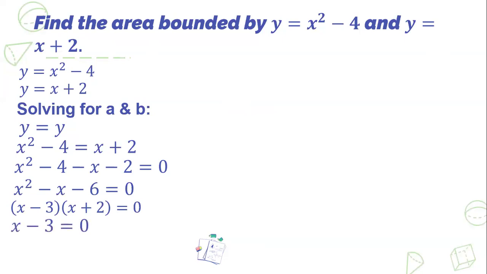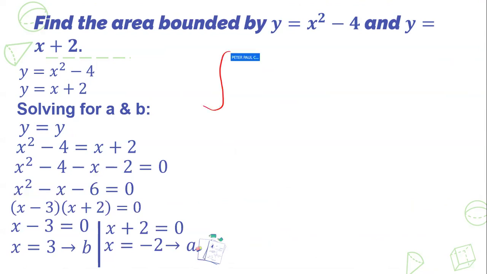Then we solve for the value of x by zero product property. So x is 3 and x is negative 2 respectively, wherein we will assign our lower limit a, which is negative 2, and our upper limit b, which is 3. So later, when we integrate, we will use the integral from negative 2 to 3.